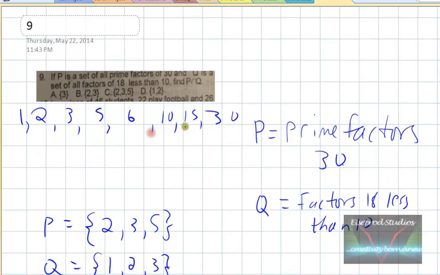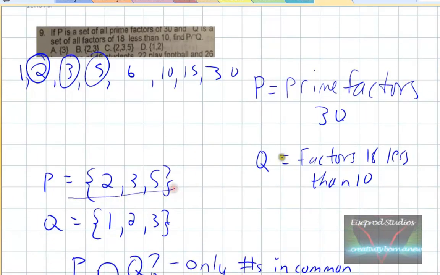And you've pretty much closed the gap there. And so it wants the prime factors of this. So you know that 2 is a prime number, 3 is a prime number, and 5 is a prime number. All of these others can be factored further. And remember that a prime number is a number that can only be factored into one and itself. So, there's our set for P.